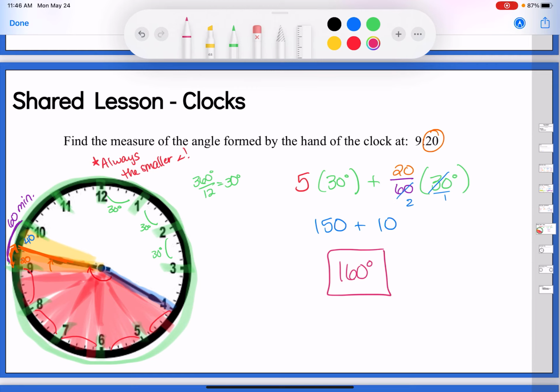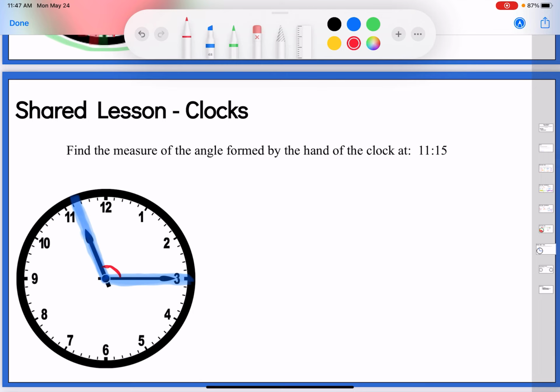So again, we're finding the angle of the hands of the clock, so always the smaller angle. So this is the one we're talking about. Now I notice that my minute hand is directly at the 3 for 11:15. My hour hand is a little bit past the 11. Not sure how much, but it's a little bit past. So remember, every section is worth 30 degrees.